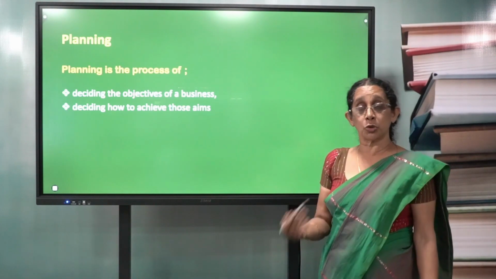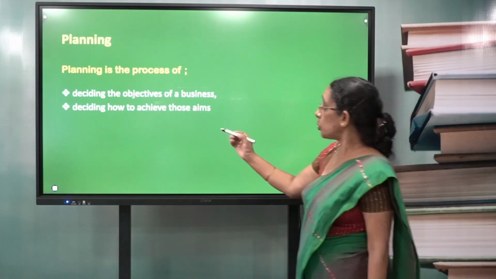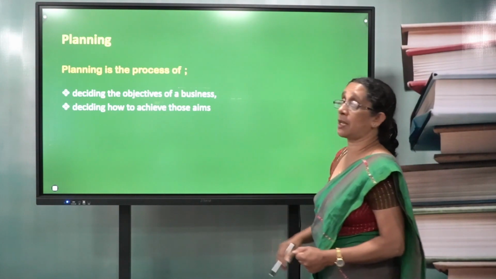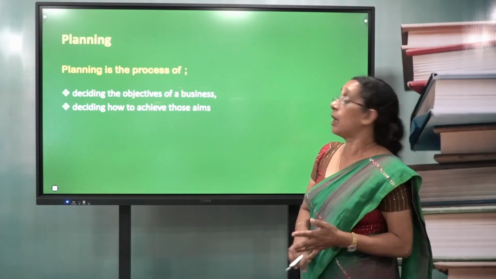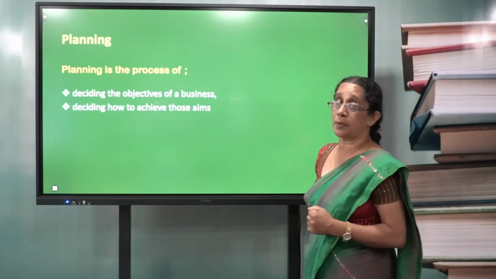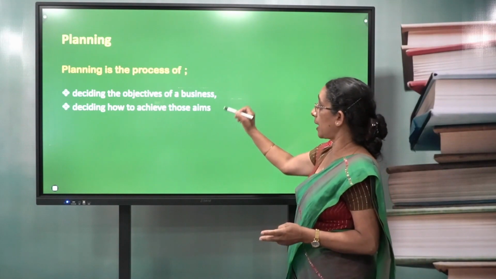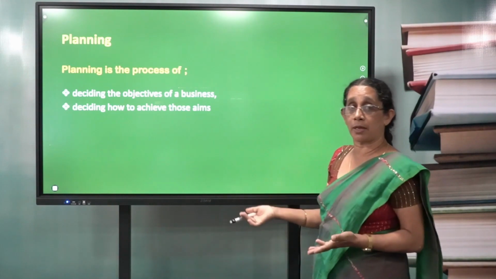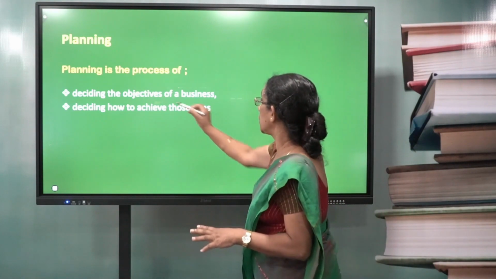They produce quality shoes and they want to increase profits. Then they should decide how to achieve those aims. That is, how they are going to produce it, how they are going to sell them, how they are going to set prices. Therefore, planning is what and how, or you can say when. So you have to decide this. You have to specify about these things.